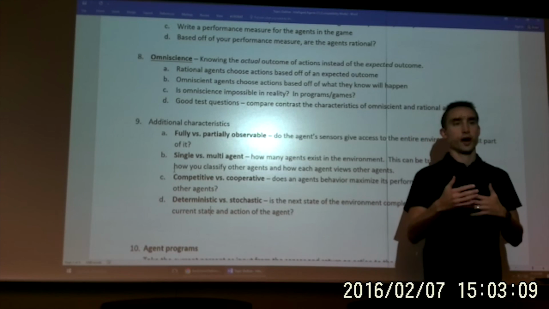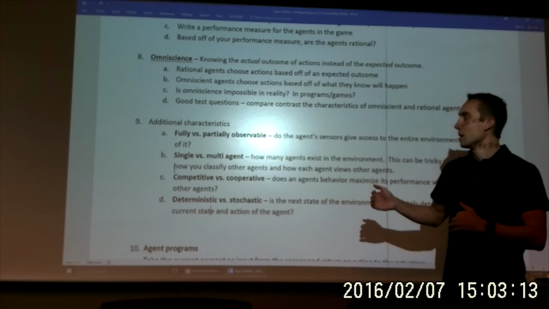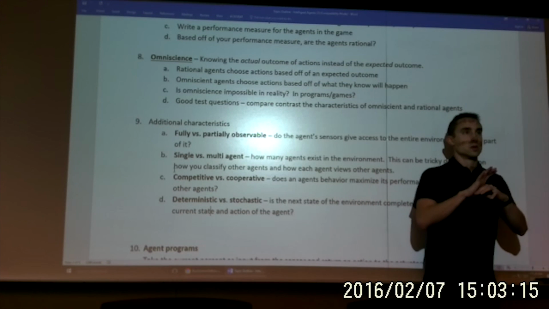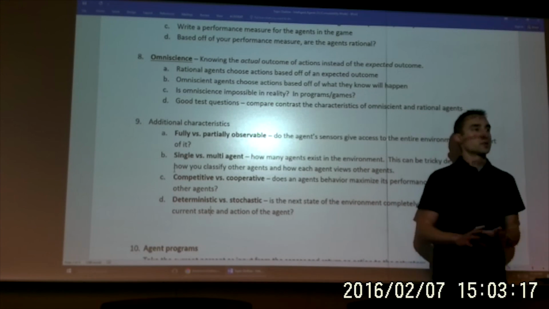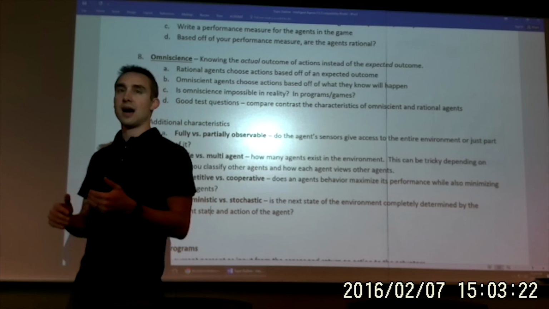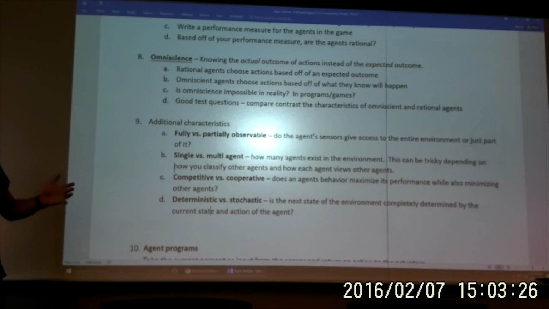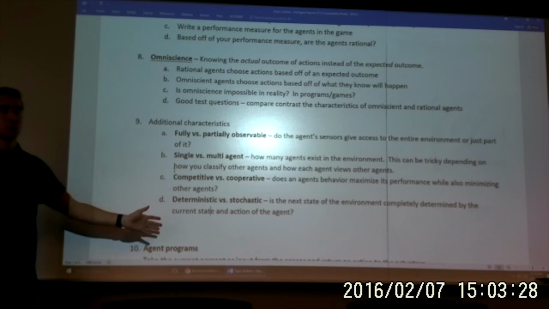Doesn't work in an environment where both players are acting at the same time. Okay? And so, in order to highlight when certain algorithms can be used and when certain types of AI is applicable, we have to be able to define environments using certain terms. So we're going to look at some of these terms right here.